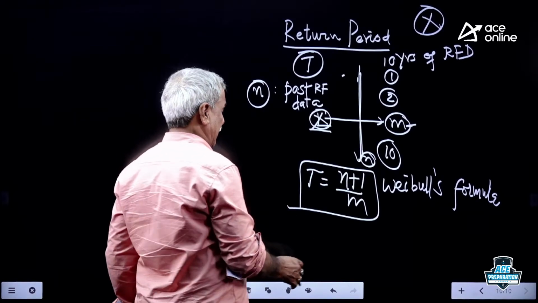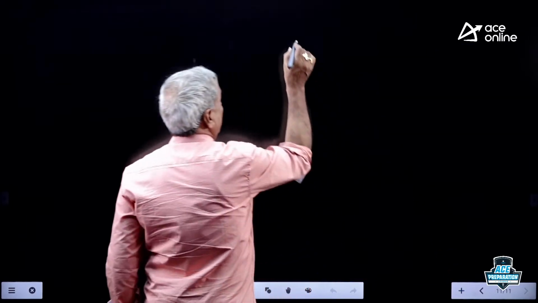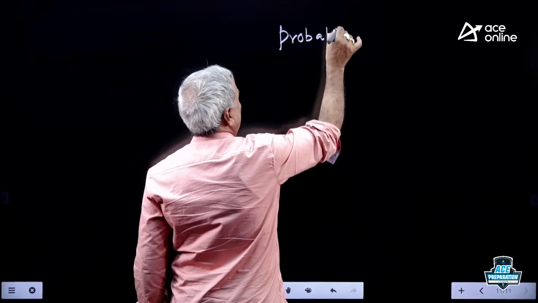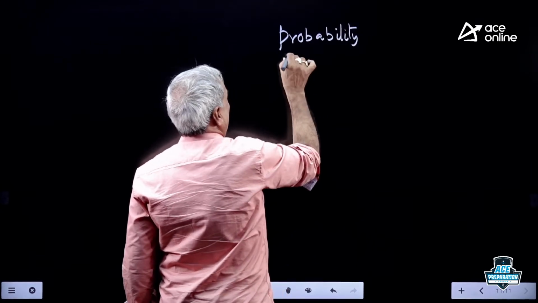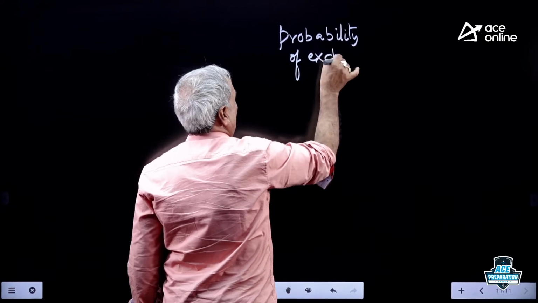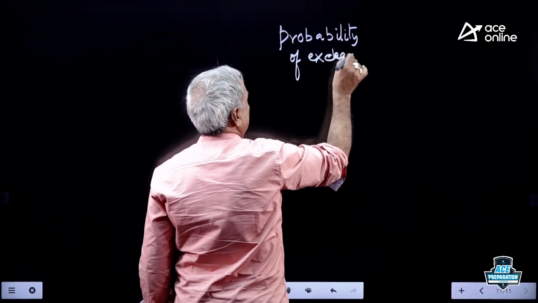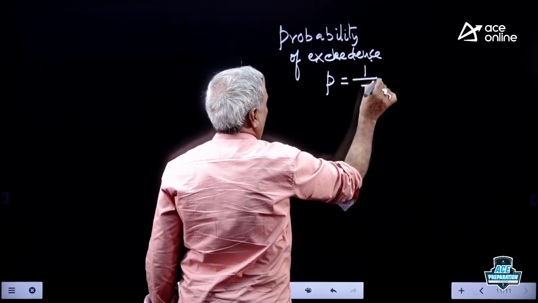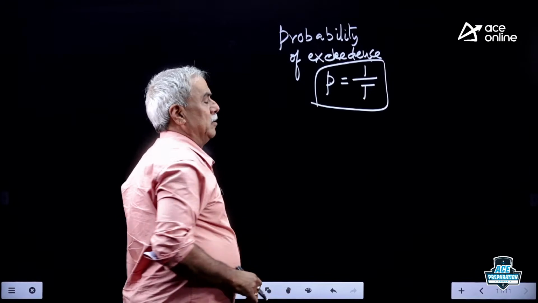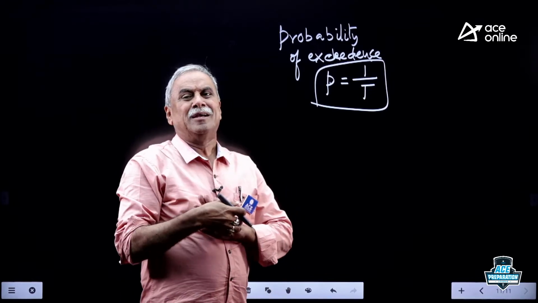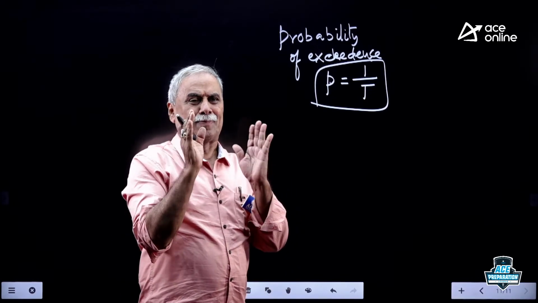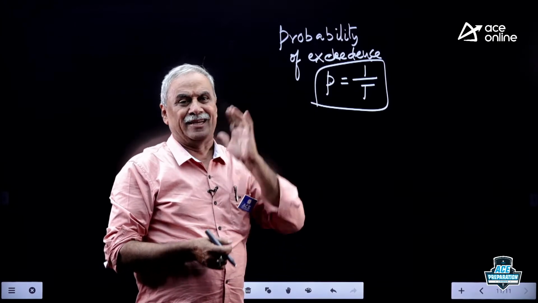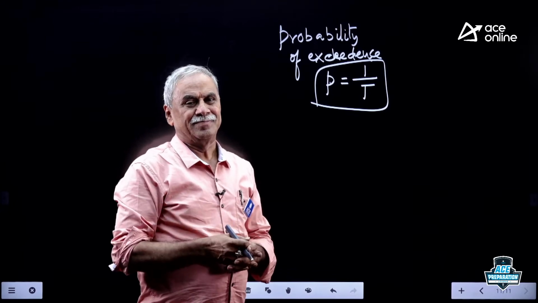Once you calculate the return period, you can calculate the probability of exceedance. What do you mean by probability of exceedance? The chance of exceedance. P is the symbol, and it is the reciprocal of the return period. What is meant by probability of exceedance? The fractional or percentage chance of getting a rainfall equal to or exceeding the reference in the next year.